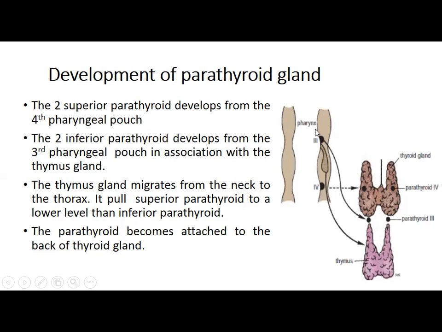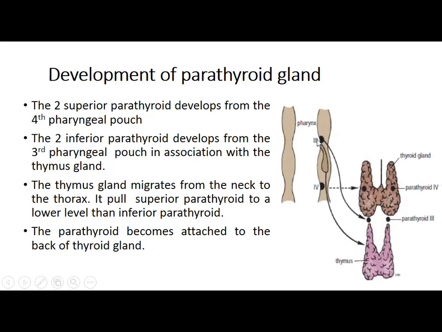So the superior parathyroid will develop from the fourth pharyngeal pouch. The two inferior parathyroids develop from the third pharyngeal pouch.